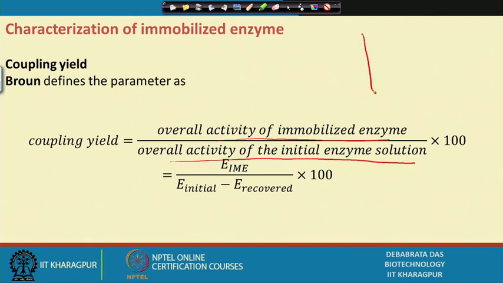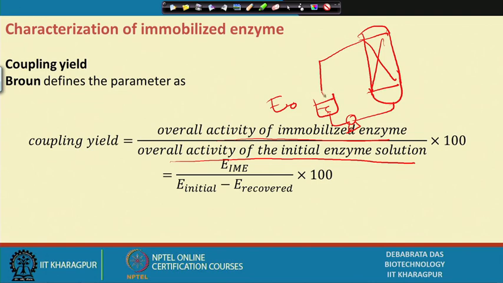Suppose this is the solid matrix, and here you have the enzyme solution, with some initial enzyme activity. With the help of a pump, you pass your solution through and recycle it back. A time will come when your column will be totally saturated with enzyme. Then this activity will be constant.